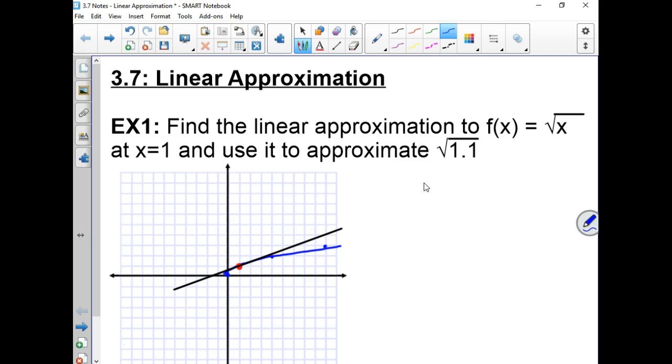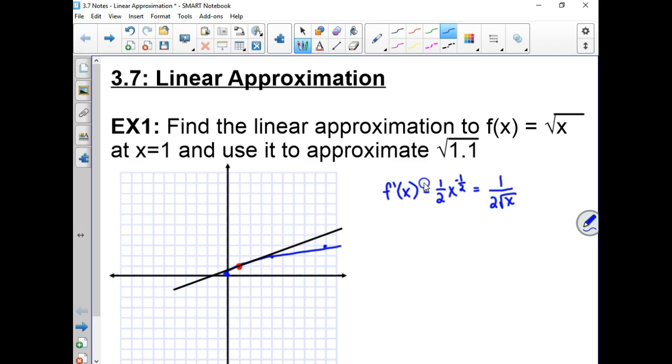Derivative. So we're going to take the derivative: f prime of x would equal 1/2 x to the negative 1/2, or I may want to write this as 1/2 times the square root of x. So that's my derivative.